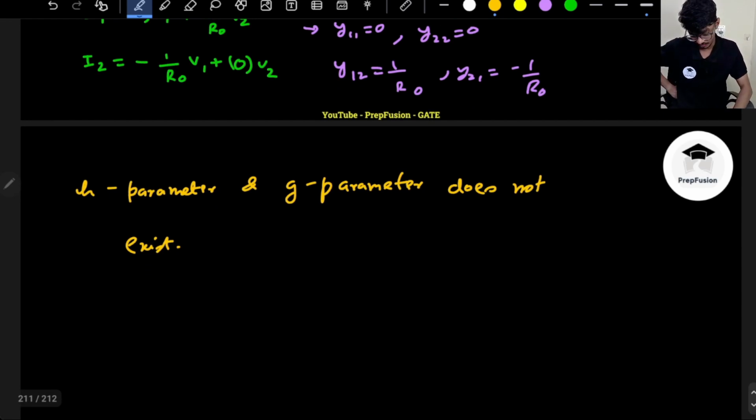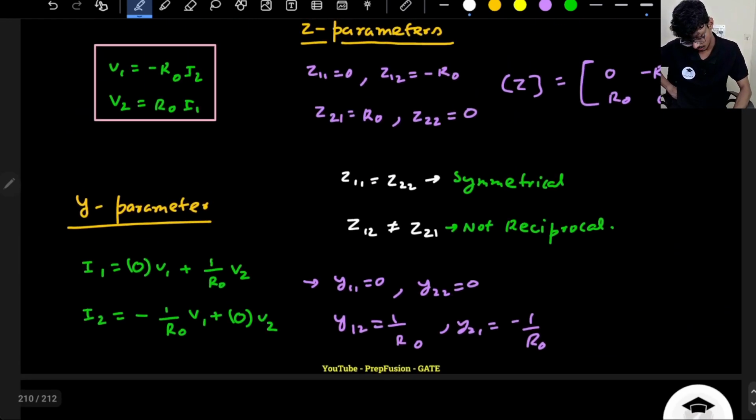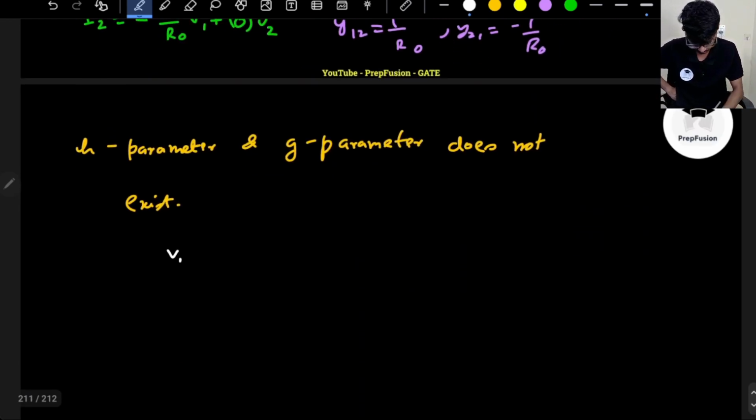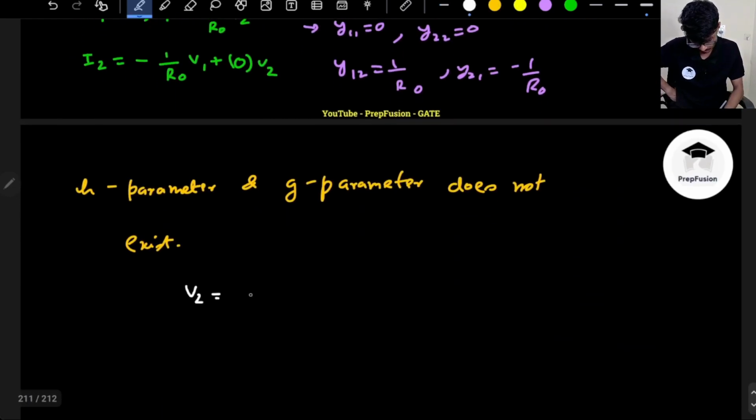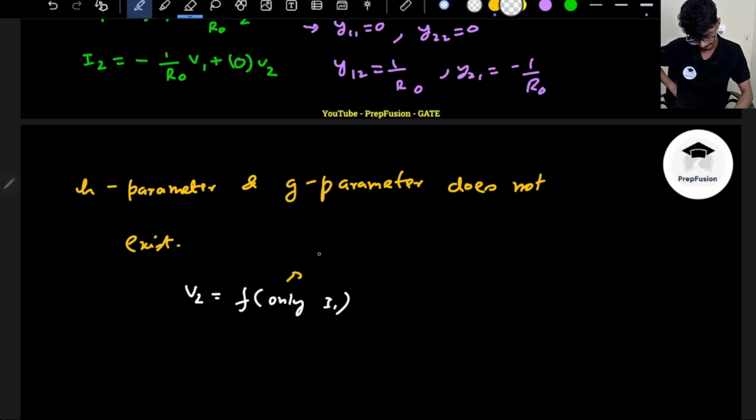Because V2 is a function of only I1, and these were supposed to be my independent variables for the H parameters.